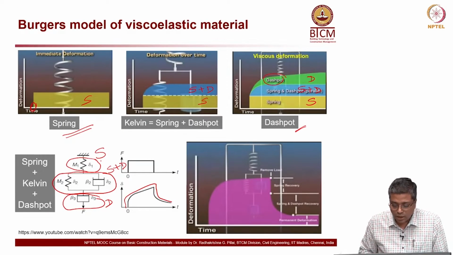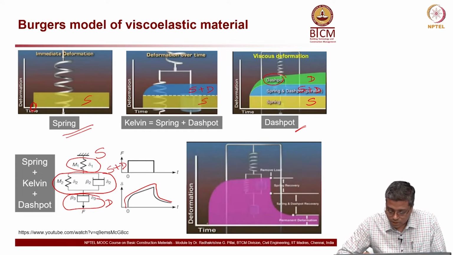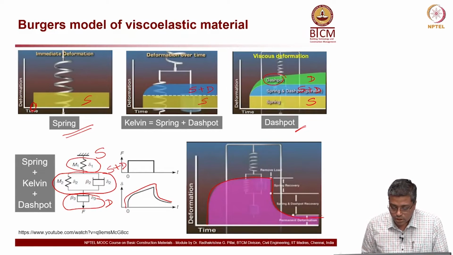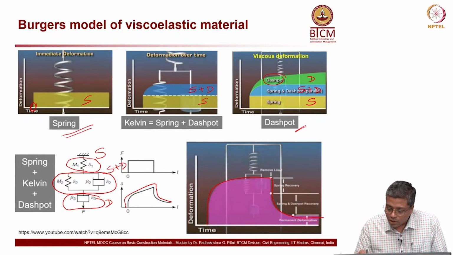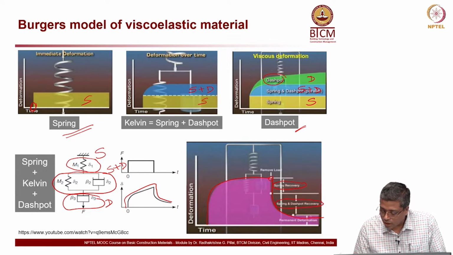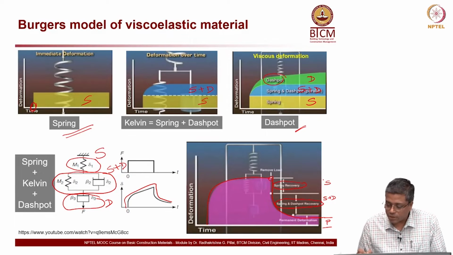Now, the same thing is here also, you can see this graph, it goes something like this and then comes down and then goes. Now, here you can see the load is removed at this point, and then you have spring recovery, and then you have spring plus dashpot recovery, and then you have permanent deformation. This is permanent deformation, this is spring plus dashpot, and this is spring.